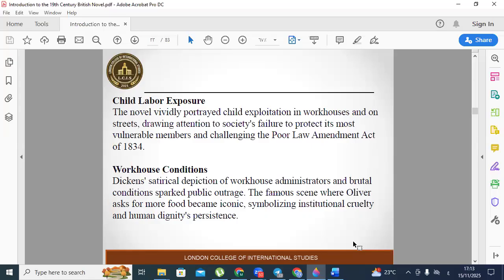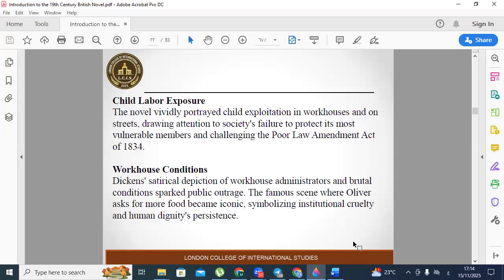This prompted readers to consider environmental factors in criminality and moral development. Dickens doesn't excuse crime, but he shows how poverty and lack of opportunity push people to it. Fagin is a criminal, but he's also providing survival to boys who have no other options. The Artful Dodger is a thief, but he is also a victim of abandonment and exploitation.